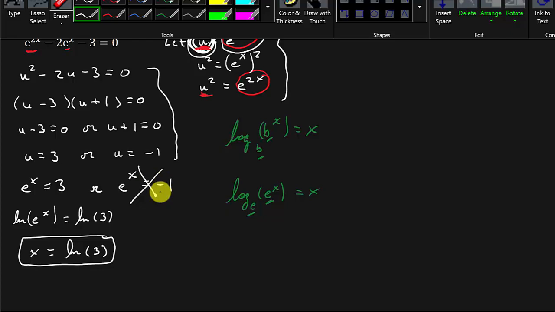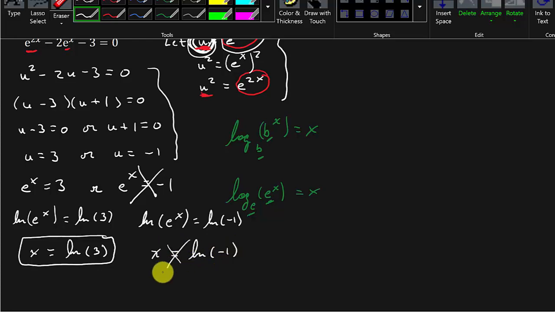Okay? So let's suppose that you came to this part right here and you went ahead and took the natural log of both sides. So that would give us natural log e to the x equals natural log negative 1. And so that's going to be x is equal to natural log of negative 1. Well, this can't happen either.